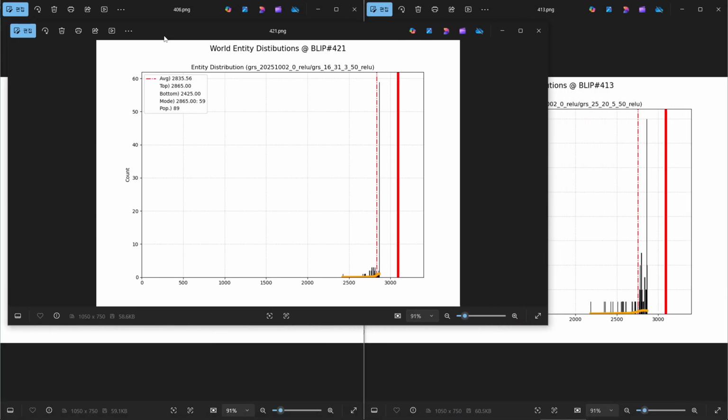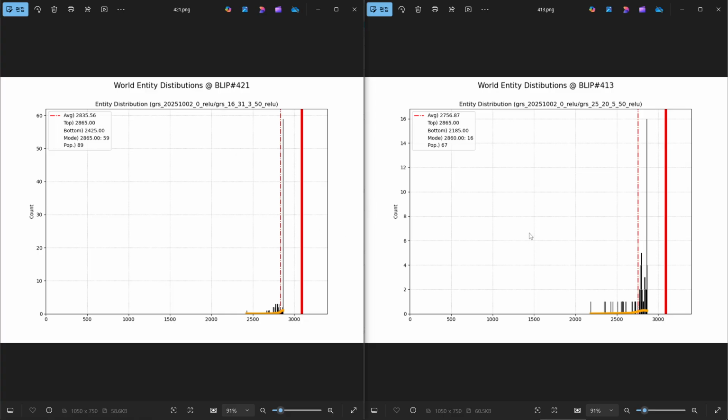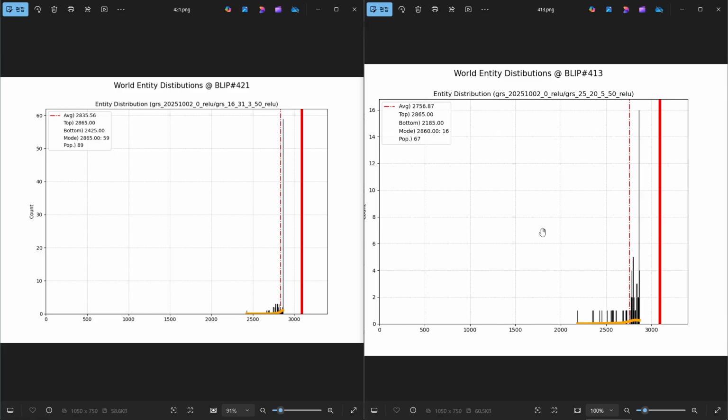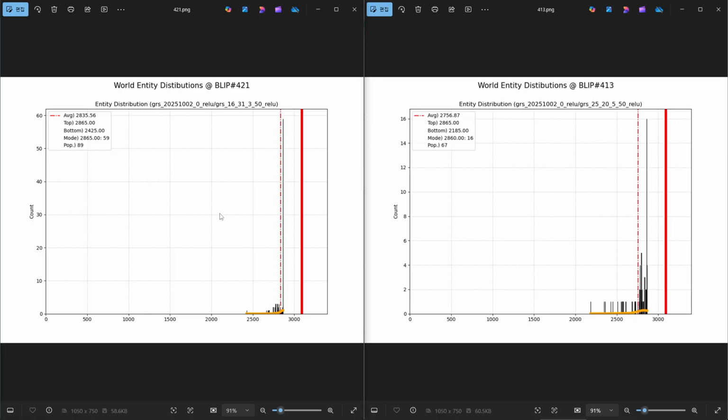And even when I compare the left to the right one, having a longer tail, I don't think is that good, because it's too far away from the true ceiling, or from the center of mass, I guess I should say.